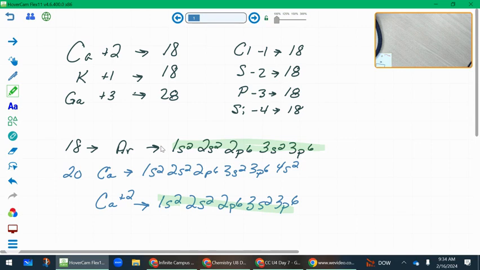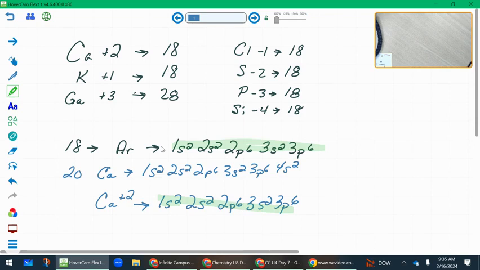Exactly. What do you think the electron configuration for potassium as a +1 ion would be? The same. What about chlorine as a -1 ion? What about sulfur as a -2?